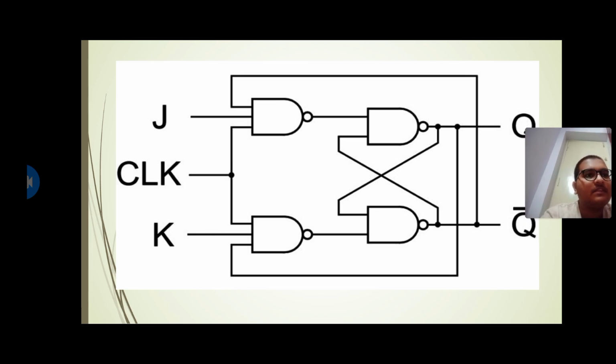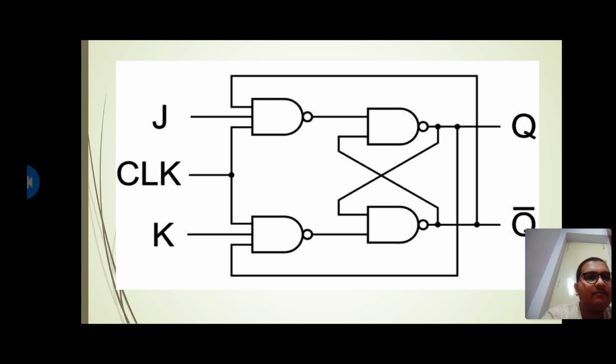For the second NAND gate, one input is K and another input is the clock pulse, and we consider another input as Q.